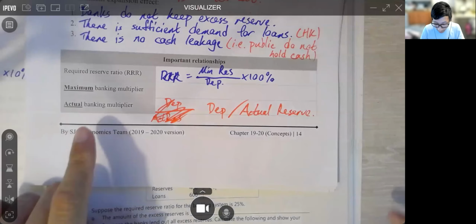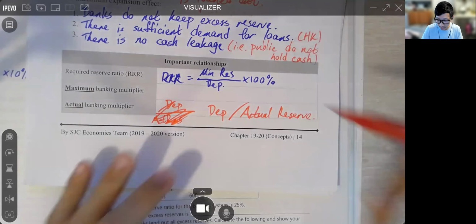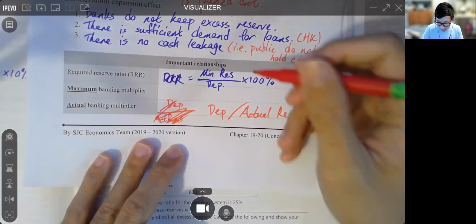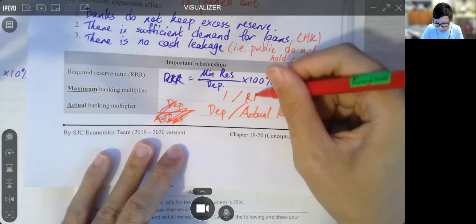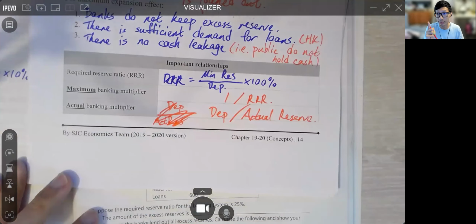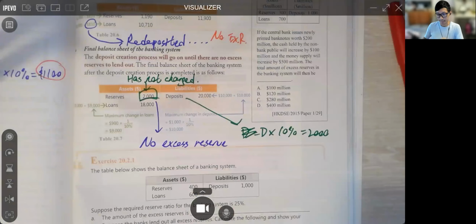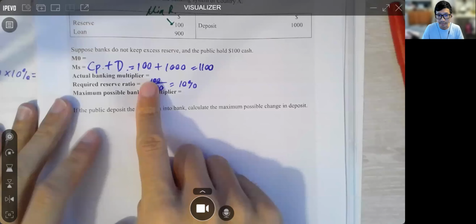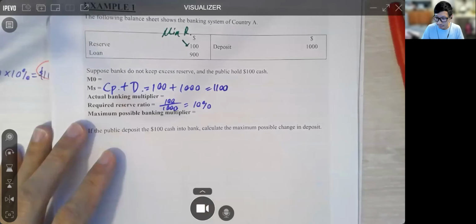While the maximum banking multiplier would follow another formula, which would just be 1 divided by RRR. 有咩分別啊？You will see very soon. 好快你會見到個分別喺邊㗎啦。OK, now for this case, spoiler alert, they should be the same.